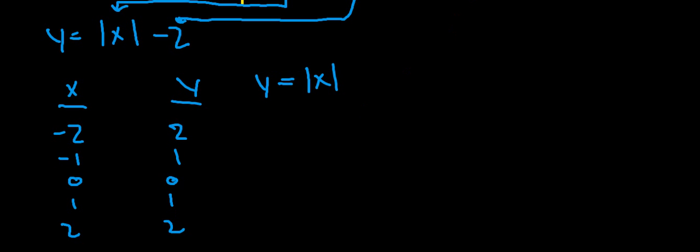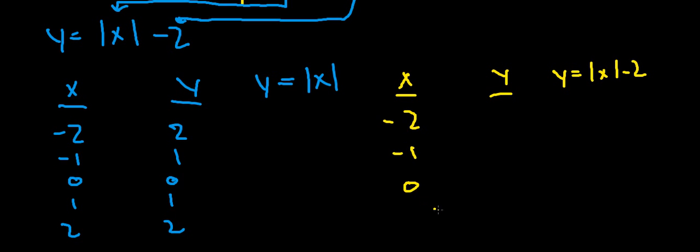Now let's find the values for y is equal to the absolute value of x minus 2. Let's do all of these: minus 2, minus 1, 0, 1, and 2. So let's start with minus 2. The absolute value of minus 2 is 2, minus 2, which is 0.